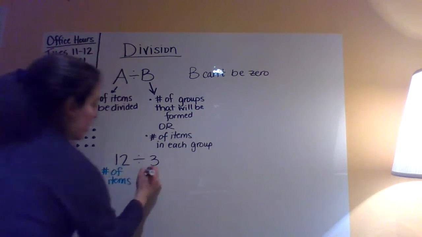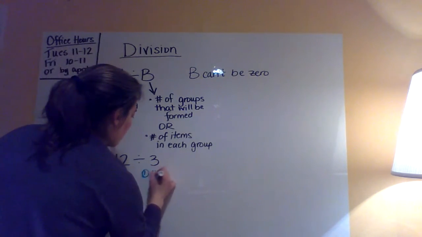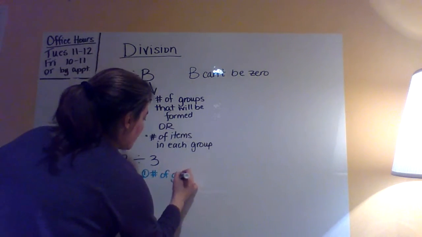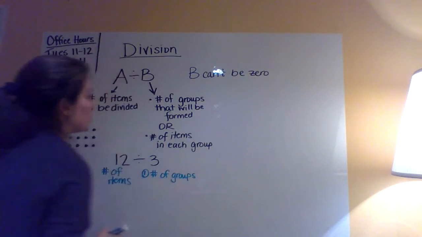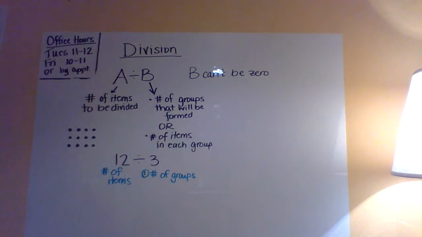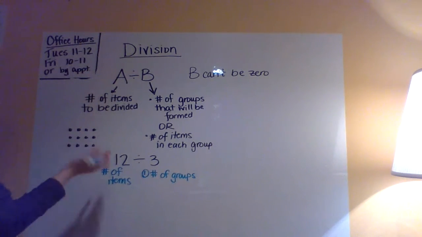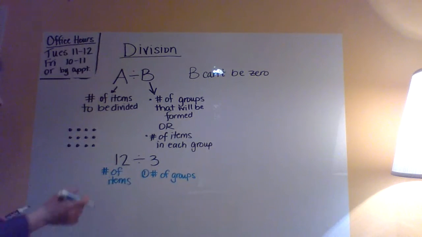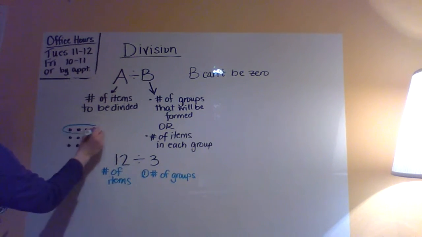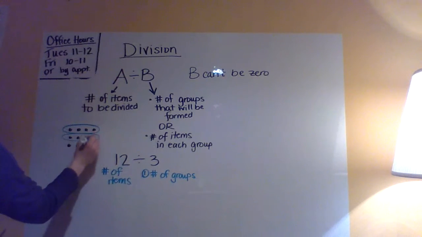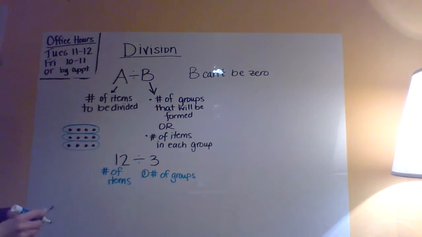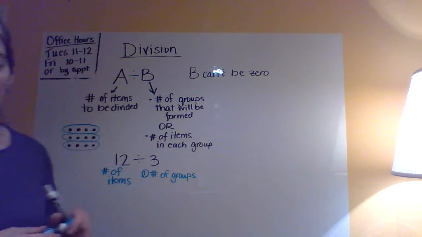The first thing is that it could represent the number of groups. So I want to take my 12 objects and I want to divide those into 3 even groups. So the way I've written it in this array, obviously it's a little bit easy to do. So I could say, okay, here's 1 group, here's 2 groups, here are 3 groups. I've done that evenly.